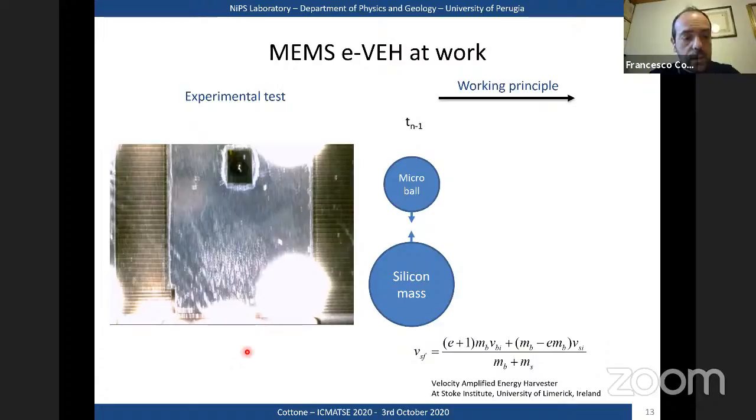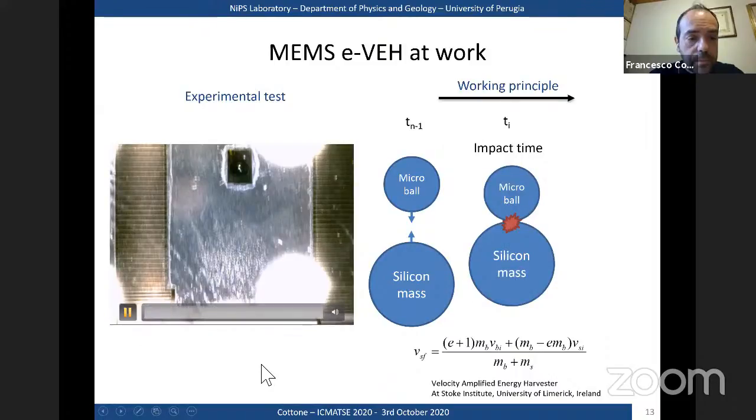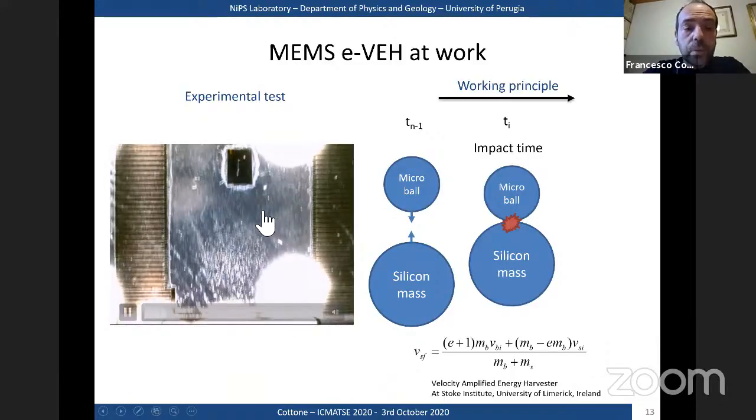And this, I'll try to make it start. This is just a small movie of the vibration of the electrostatic vibrational energy harvester. As you can see, there is a vibration of the seismic mass and the vibration of the microball.